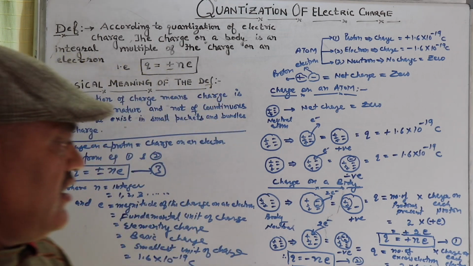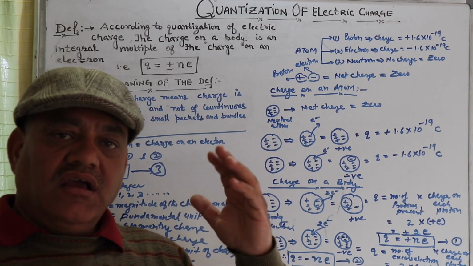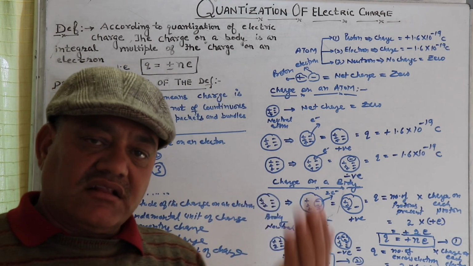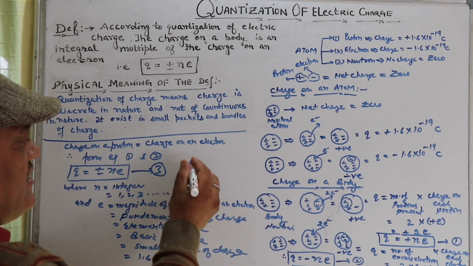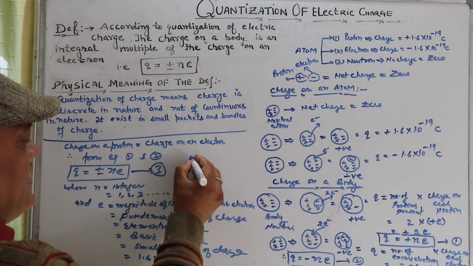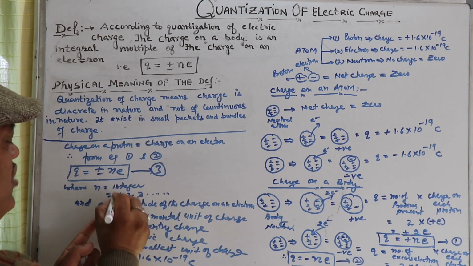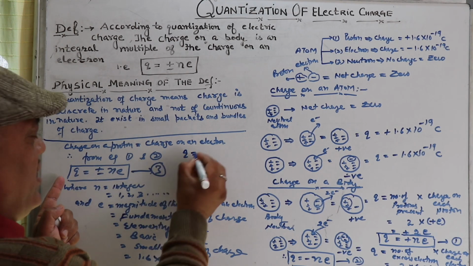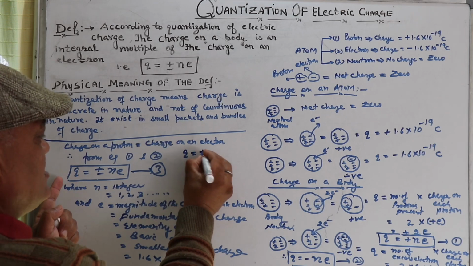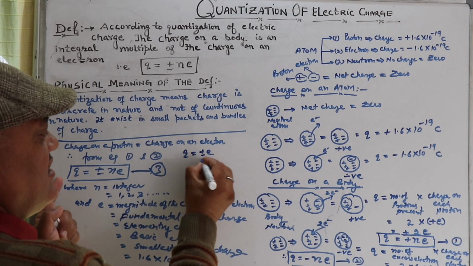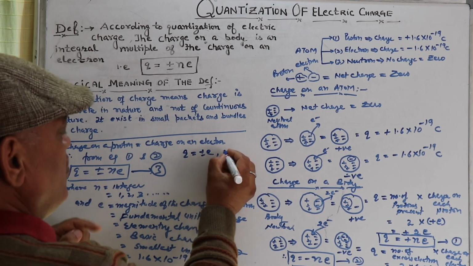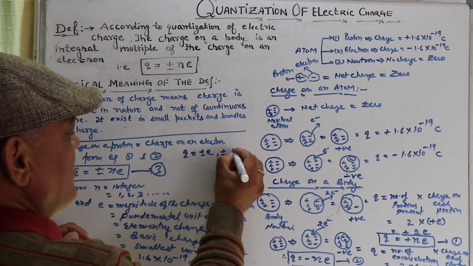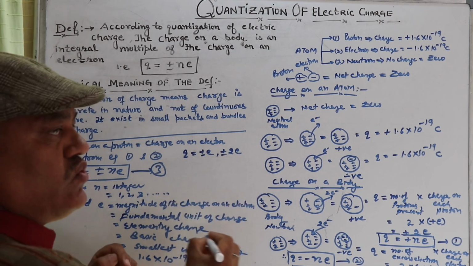Now, for every body, when we put the value of n as 1, the body has charge plus minus e. When we put n as 2, it has 2e.